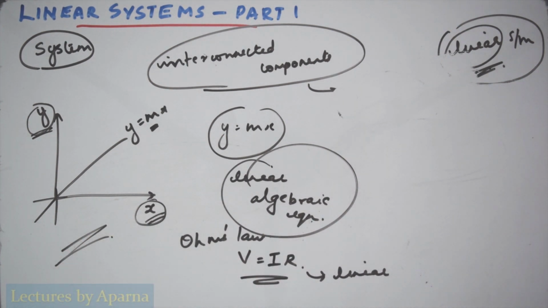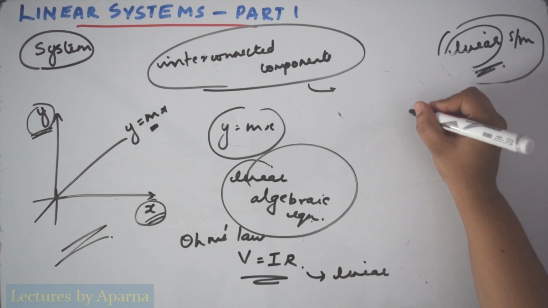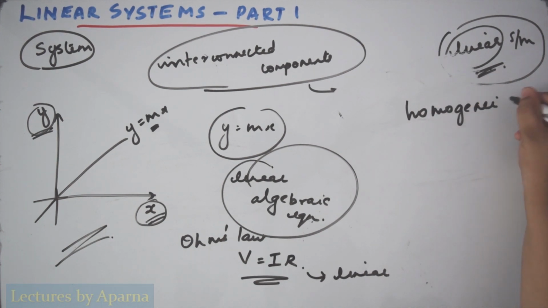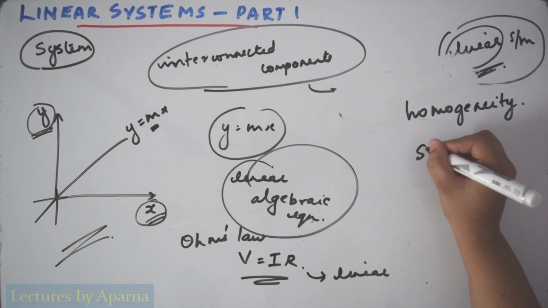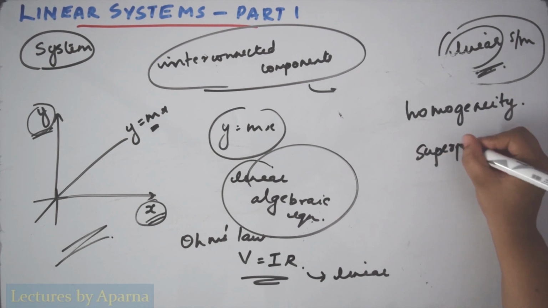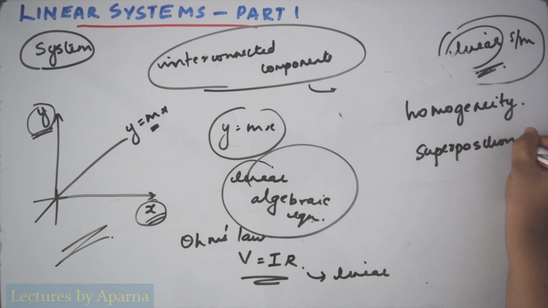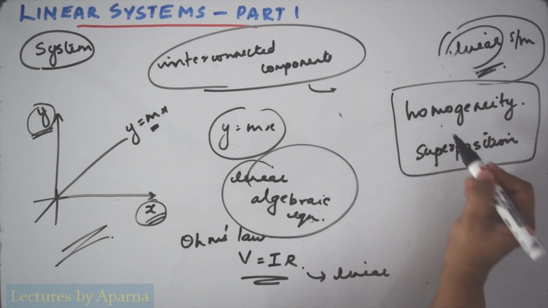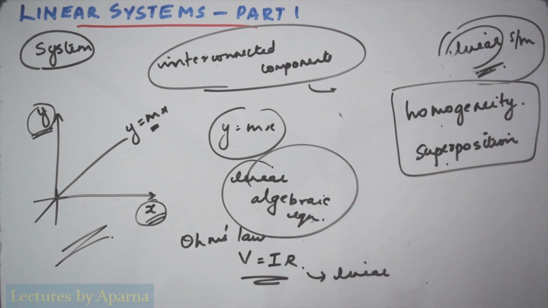It is in this concept that we develop the homogeneity property and superposition property. To extend the concept of linearity to a general form, we use these two properties to define linearity. So let's see what the homogeneity property and superposition property mean.